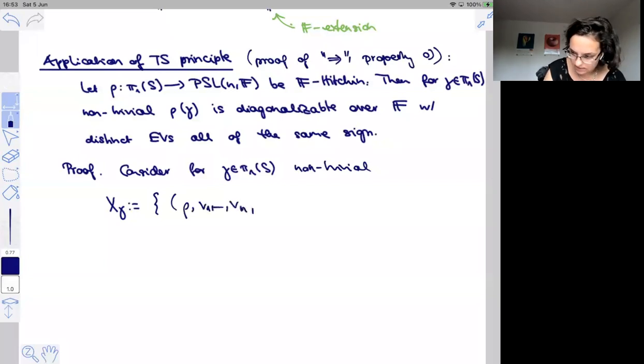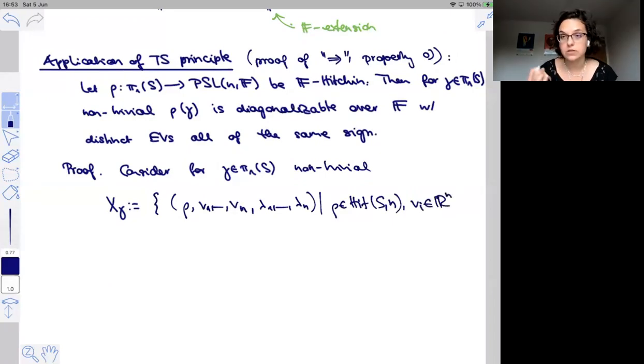So we're going to look at the set of all representations rho and vectors v1 up to vn and scalars lambda1 up to lambda n, such that rho is in the Hitchin component. The vi's are going to be vectors, the eigenvectors of my element rho of gamma, so they have to be non-zero.